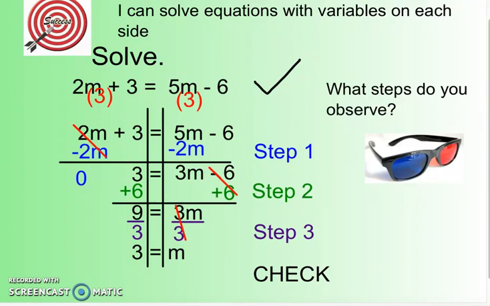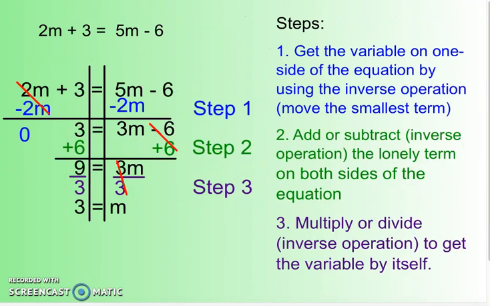Okay, check your work. So our steps that we went through: we first of all got the variable on one side of the equation, and we usually move the one that's smaller. So the 2 was smaller than the 5, so that's why we moved the 2 over. Then we added or subtracted, depending on what's the inverse. In this case, addition was the inverse on both sides. And we always do it with the lonely term, the one that stands alone with no variable.